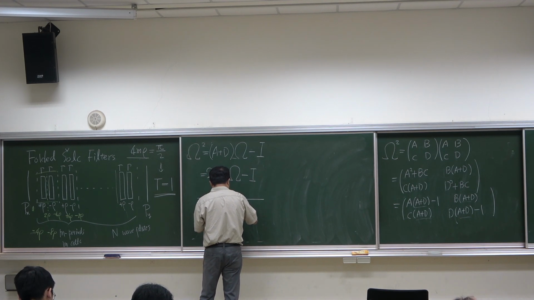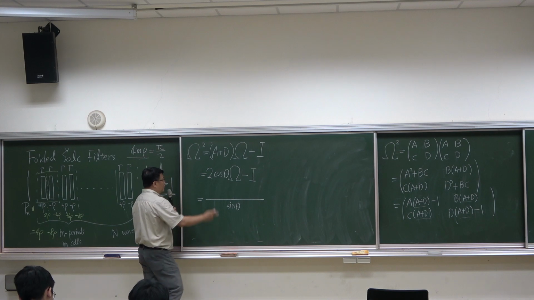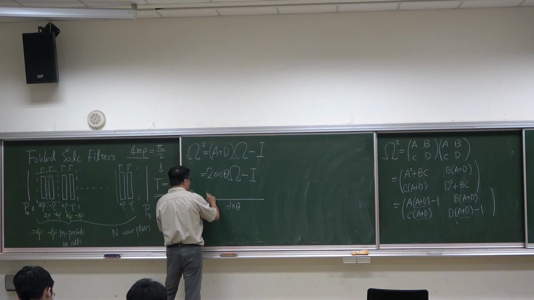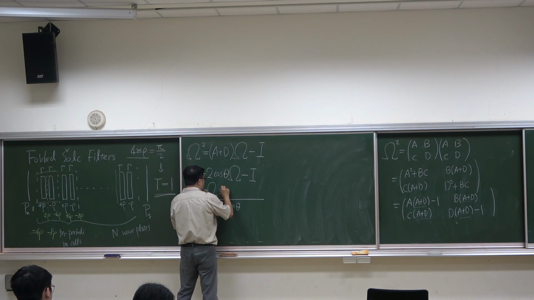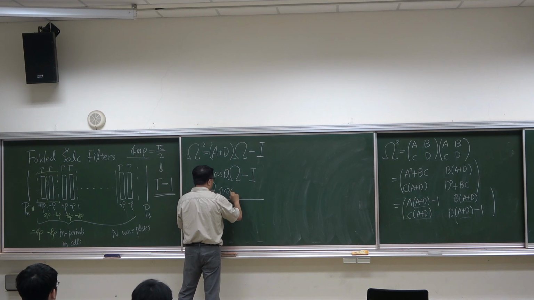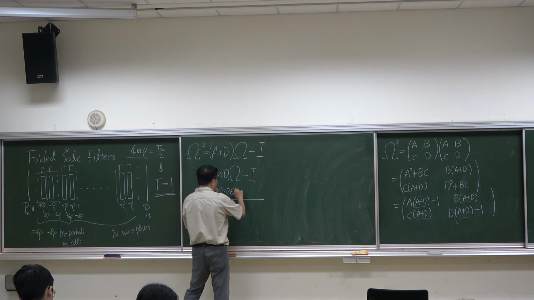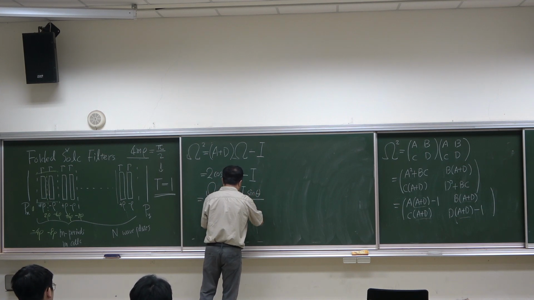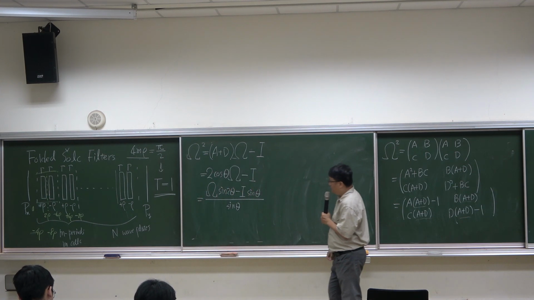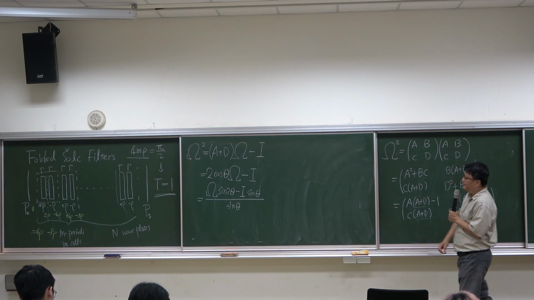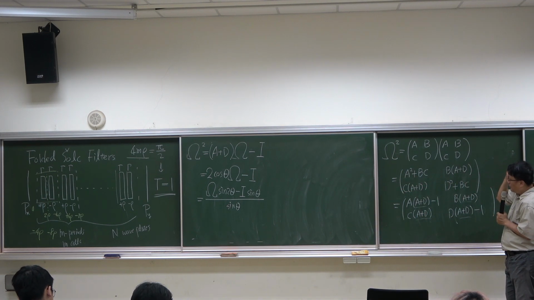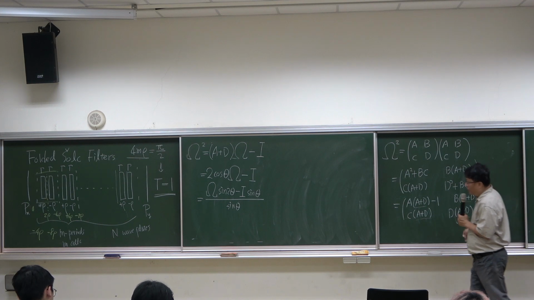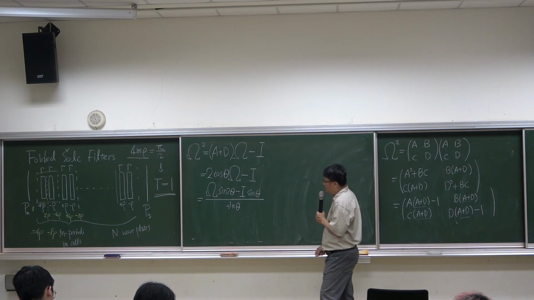So we have this sine theta, and 2 sine theta cosine theta is equal to sine 2 theta, minus sine theta. This is the square of the omega matrix.